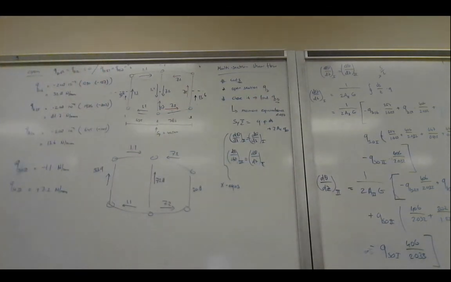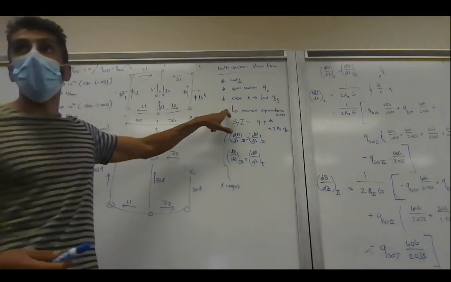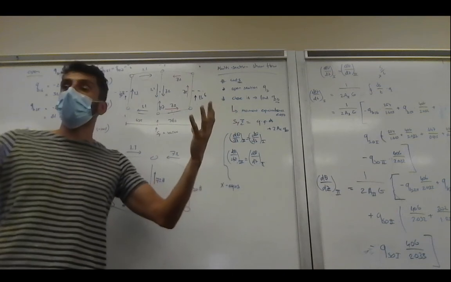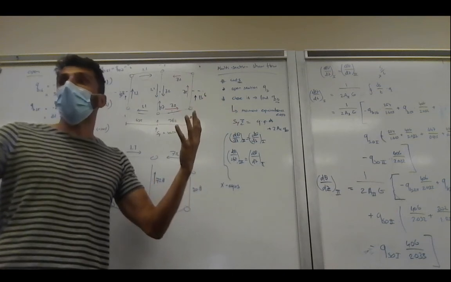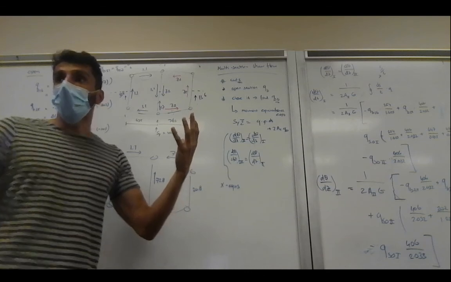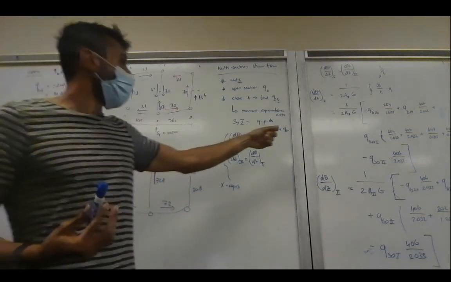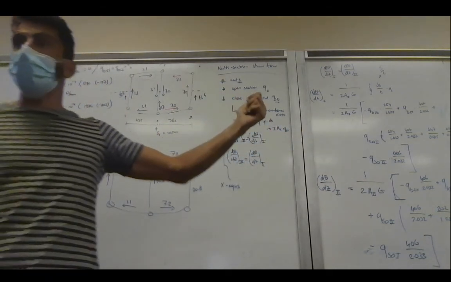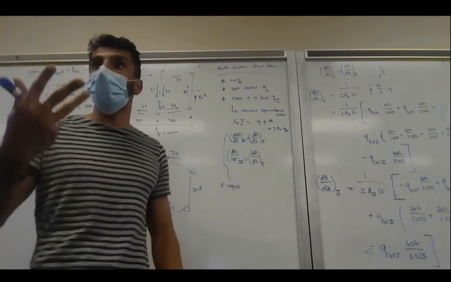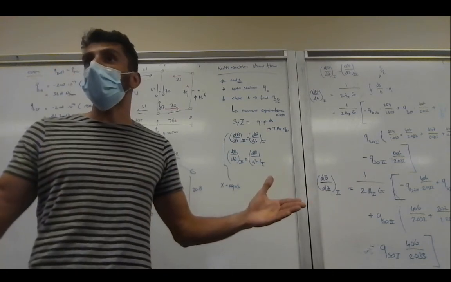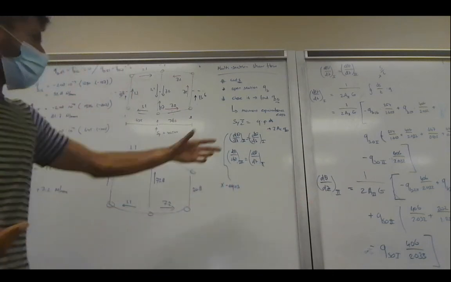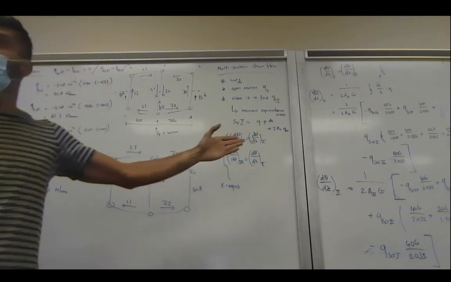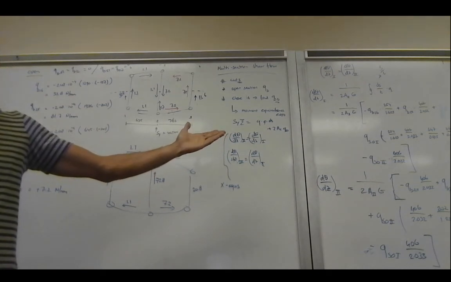The correction shear flow is found by a moment equivalent study, where you say the moment caused by the shear force must be counteracted by internal moments caused by the shear flows. That gives you an equation that has QS01 in it. If it's a multi-cell, then you have QS01, QS02, 03, 04, 05, depending on how many cells you have. So you have one equation with more than one unknown. So now you have to come up with additional equations to help solve that first equation.